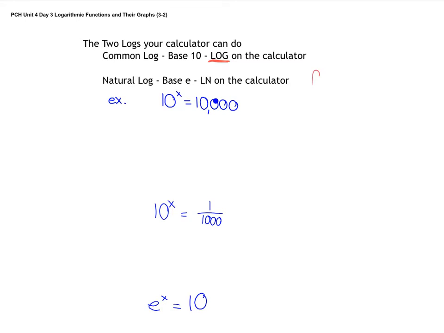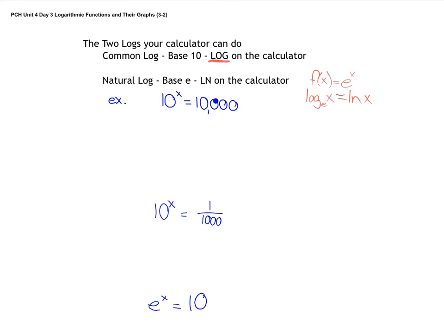If you remember, f of x equals e to the x, that was our natural exponential function. Well, a logarithm with a base of e is what's known as our natural log. So we actually use ln of x to represent that.